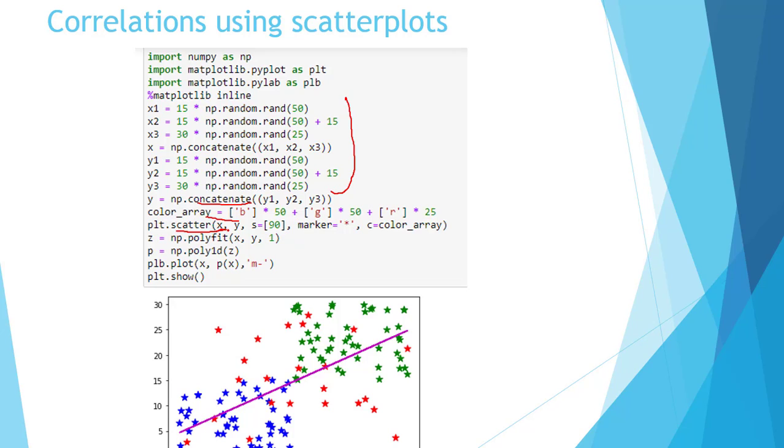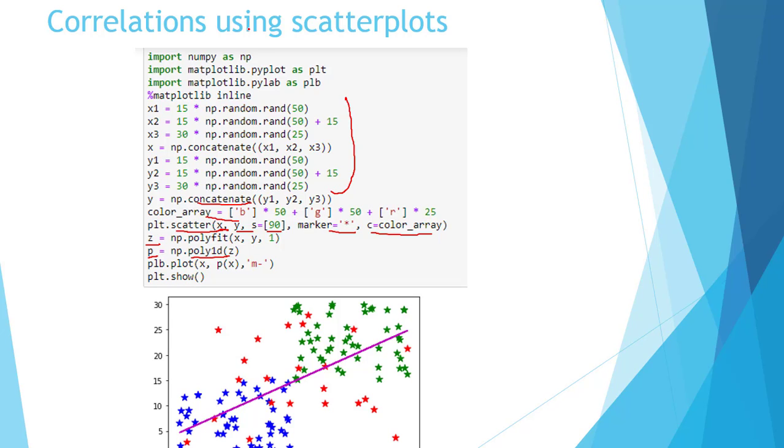Here we specified the x values, y values and size of the data points. After that, we specified the marker as a star, and for the color we specified the color array. Now we have called the np.polyfit function, and the output of it is z. In the polyfit function we specified x, y and 1. Then the output of this function is given to the poly1D function, and the output of that is given into p.